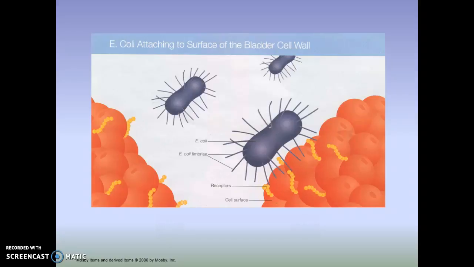Whereas if they didn't have the fimbriae, when you have the flow of urine passing through the system, the bacteria just simply sloughed right off and down out. Whereas with the fimbriae, they can dock and sit there.